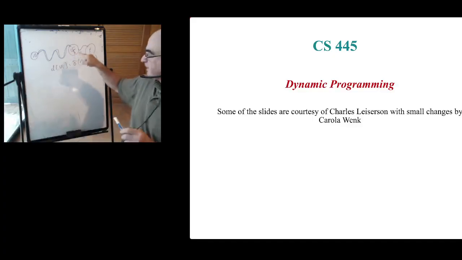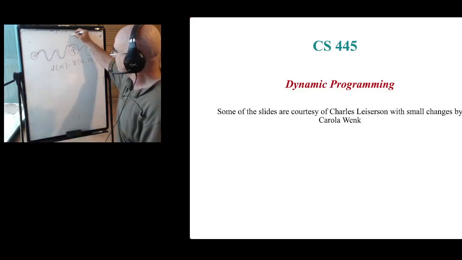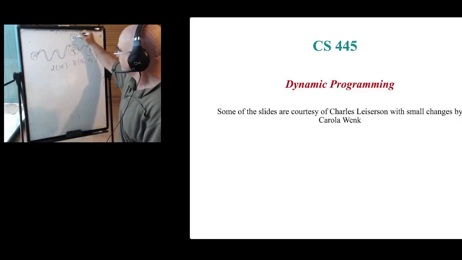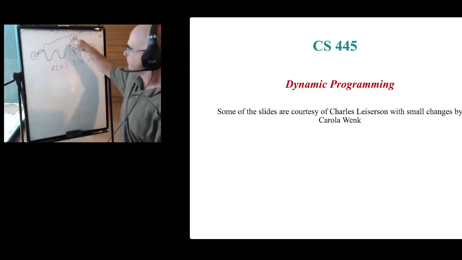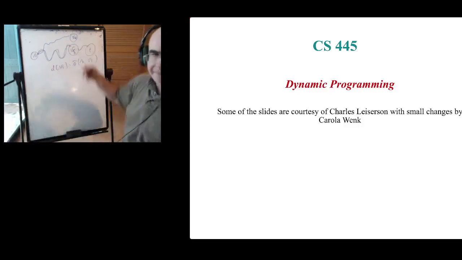So, am I sure that V5 will be along the shortest path? No. But I'll compute for V5, and also for V4, and for V3, and for each other vertex, I'll compute the shortest path to them.